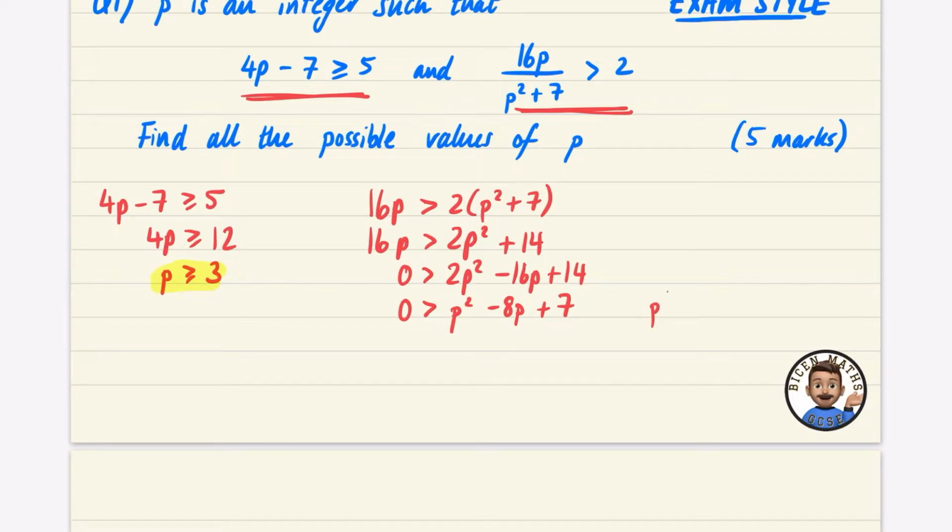So if this was just a regular equation, p squared minus 8p plus 7 equals 0 rather than an inequality, we could do a p minus 7 and a p minus 1. We're thinking of 2 numbers that multiply to 7, which is minus 7 and minus 1, and then add to minus 8, because minus 7 minus 1 is minus 8.